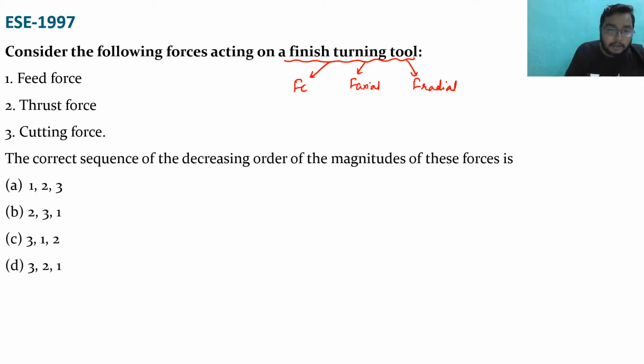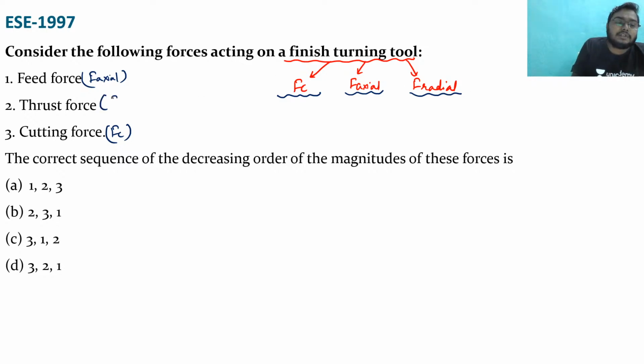See, you have a problem to understand this question; there is a comprehension problem. For a turning tool, this is the cutting force, this is the axial force and this is the radial force. FC is the cutting force. Axial force is the feed force. Radial force, here given as thrust force, is nothing but the radial force.